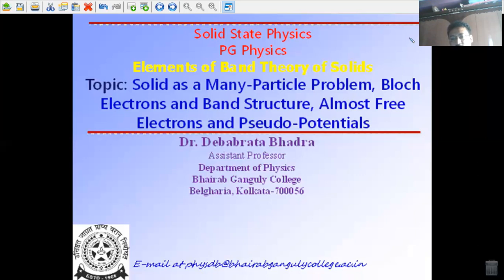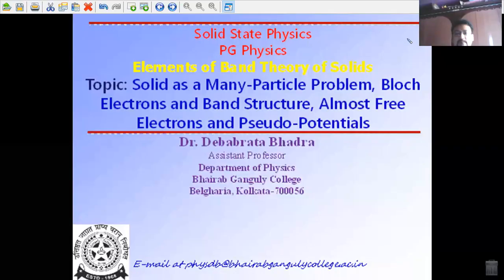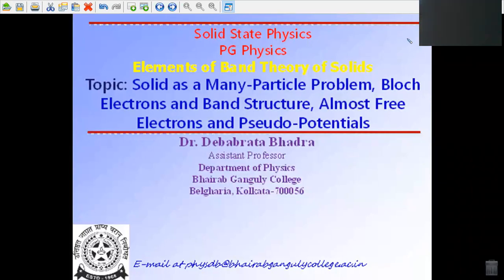Examples are the one-dimensional Fibonacci chain or the Penrose tiling. Penrose tiling allows a local five-fold symmetry, which is prohibited in crystalline solids.